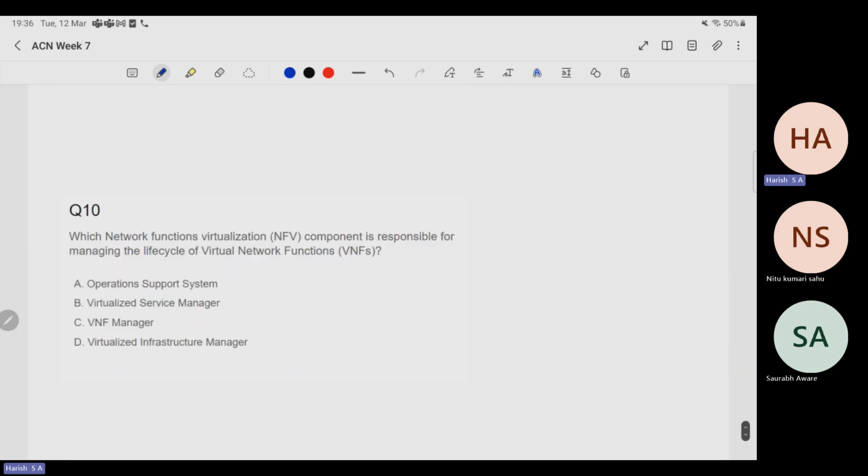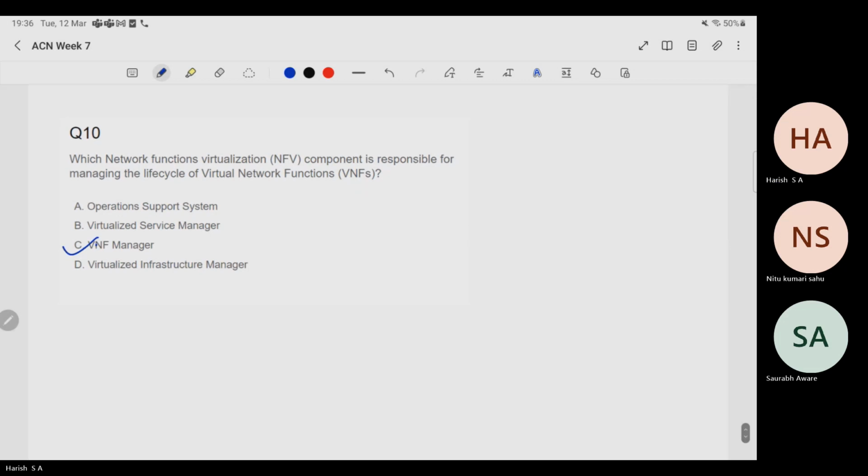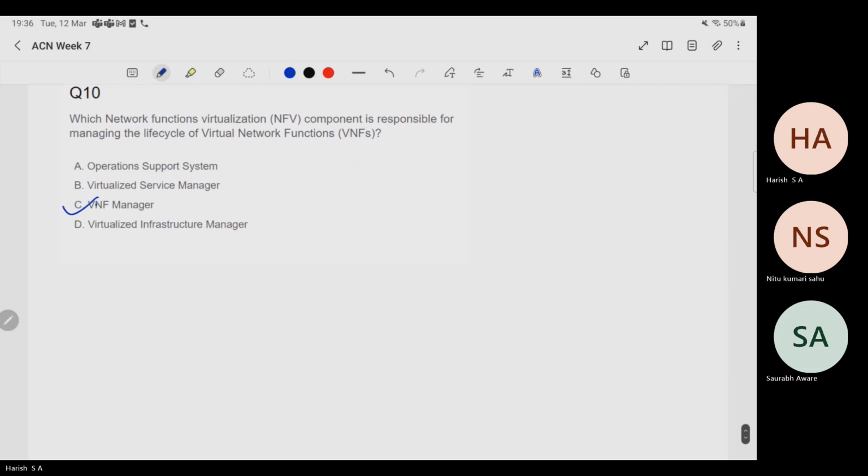That's the answer. Similar to that question, here we have: which network function virtualization component is responsible for managing the life cycle of VNFs? This once again comes to the VNF manager. This is directly from the diagram with explanation.